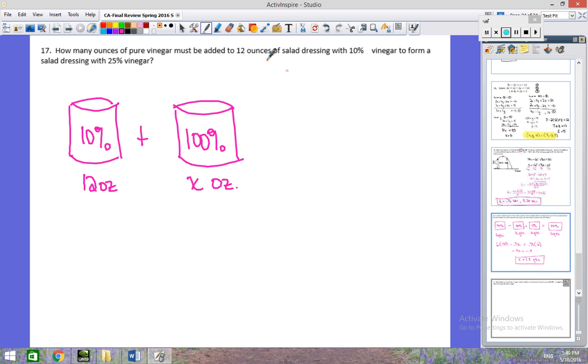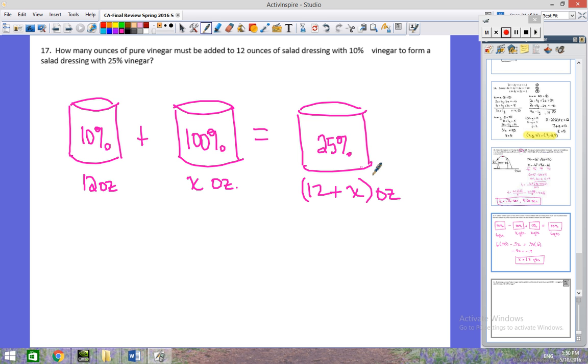We don't know. We're trying to figure out how many ounces of pure vinegar, so that's going to be our variable x. When you add to this, you're going to have more than 12 ounces now. You're going to have the 12 ounces of your original solution plus the number of ounces of your vinegar. What that's going to do is increase that 10% to a stronger salad dressing.